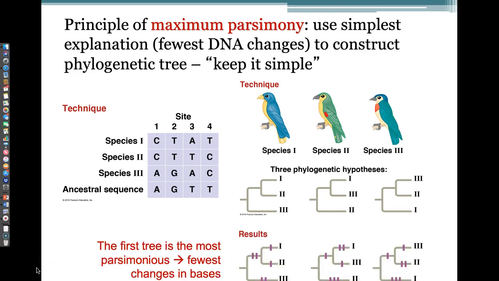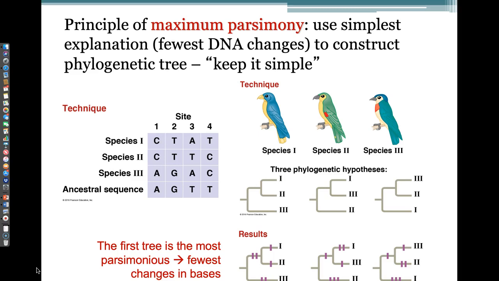Okay, the last important part of making a phylogenetic tree is the principle of maximum parsimony, which basically says that when you're trying to develop different types of phylogenetic trees based on data that you're being presented, sometimes it's not as easy to figure out what should be grouped together with what has the most similarities, what should be an outgroup.